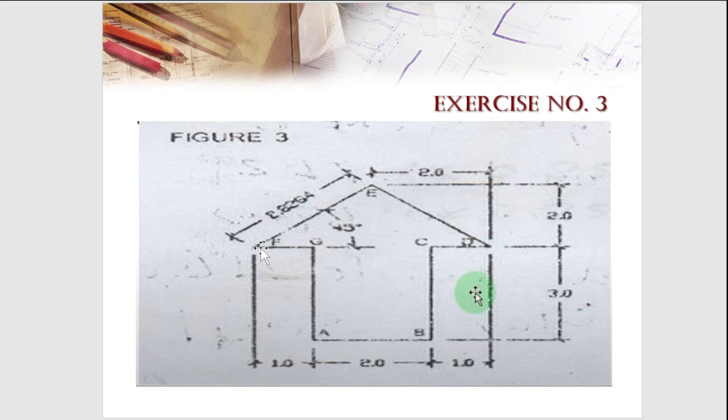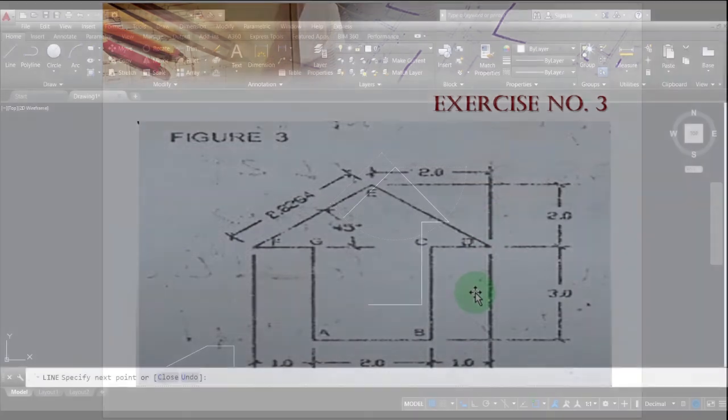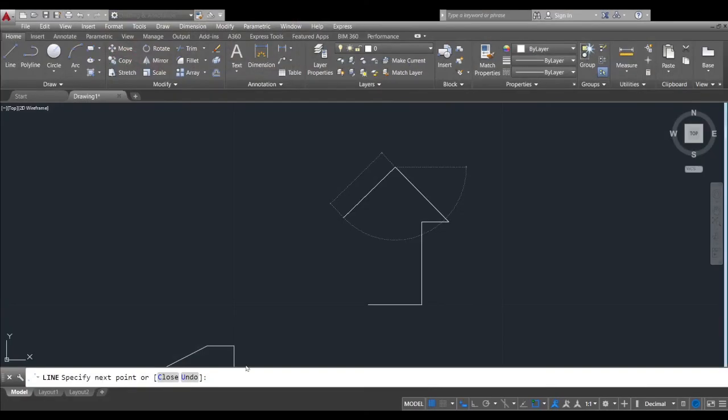Okay, so the coordinate now of our point F is 14 comma 23. So we have hashtag 14 comma 23.